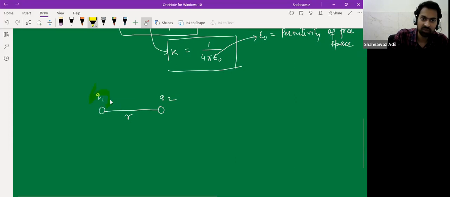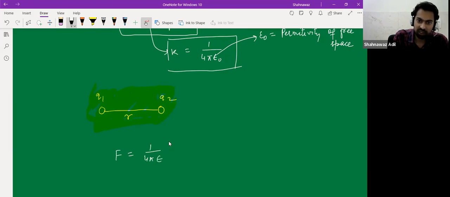Let's say this is in some medium. Then your force will decrease by a factor, so this is 1 by 4 epsilon Q1 Q2 by R square, right?